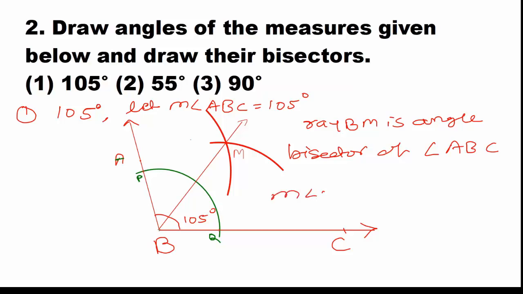Measure of angle ABC is equal to 105 degrees. Therefore, measure of angle ABM is equal to measure of angle CBM. This is the required figure.